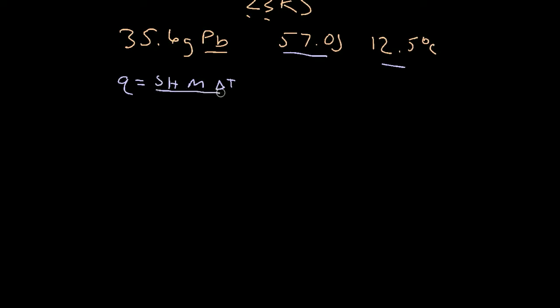All we're going to do is divide both sides of this equation by mass and delta T. These cancel out on this side, and we're left with energy over mass times delta T equals our specific heat.